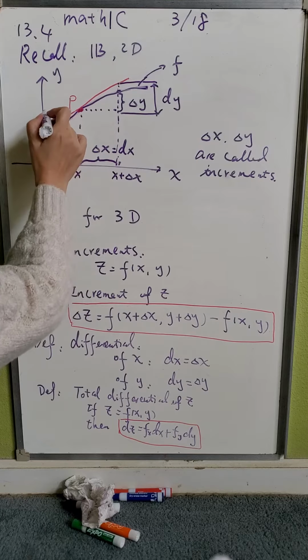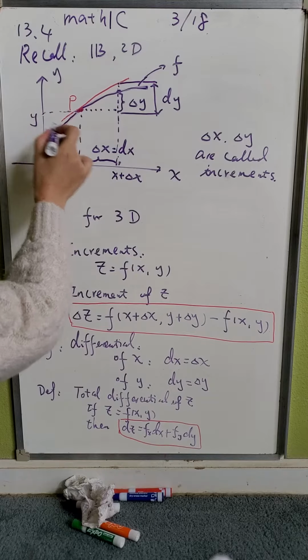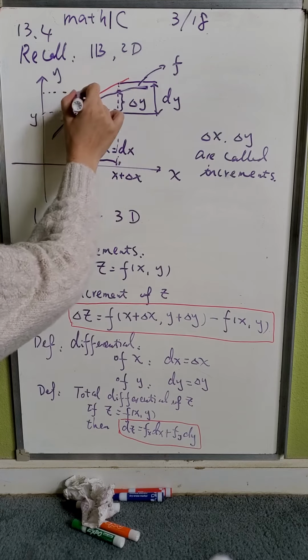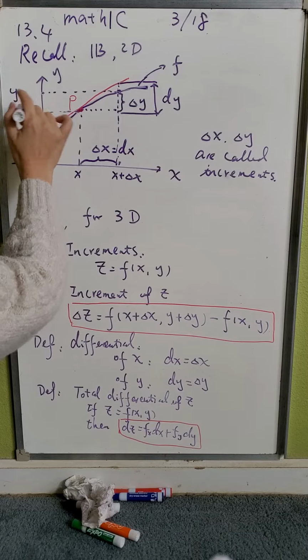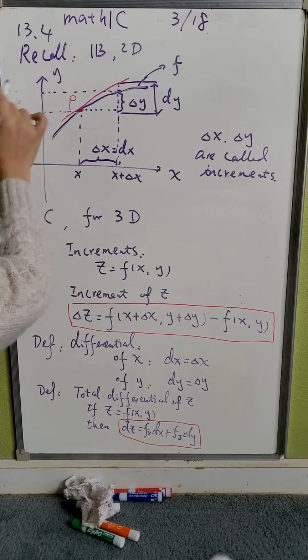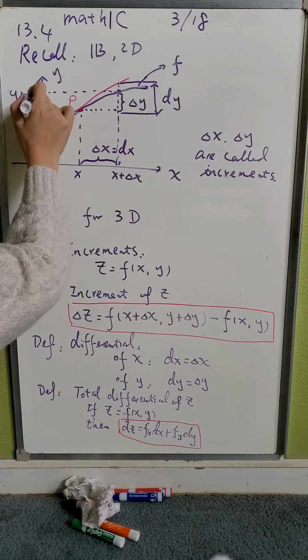On this point is your y, and on this one would be y plus delta y.